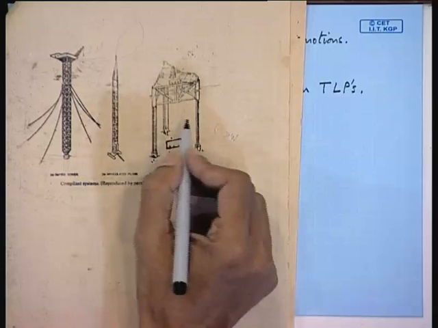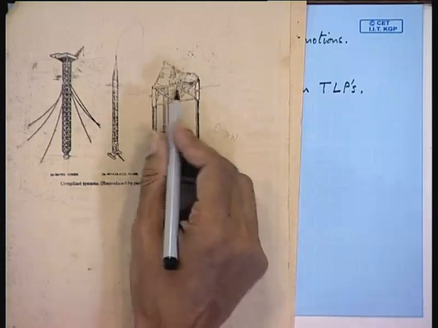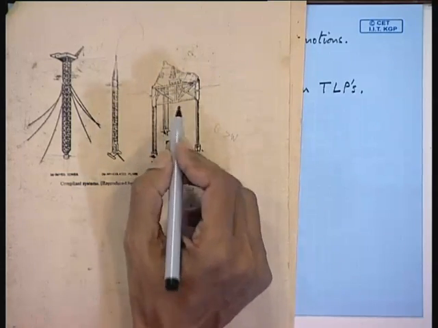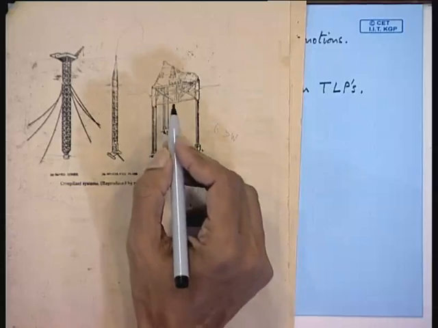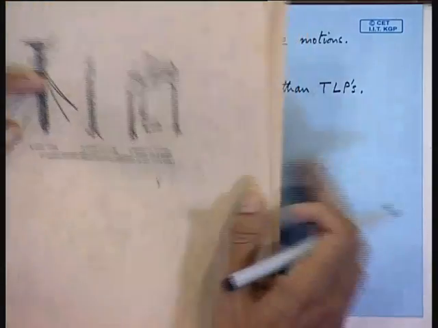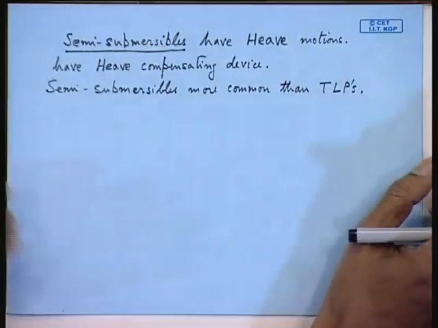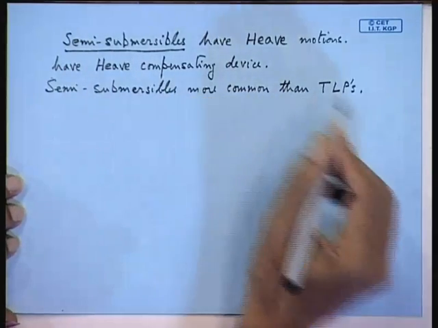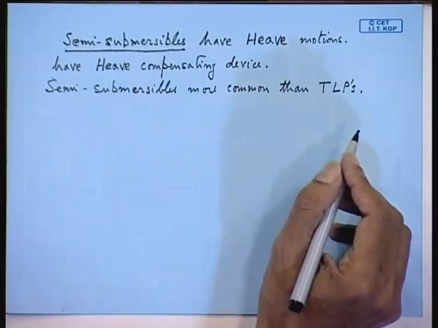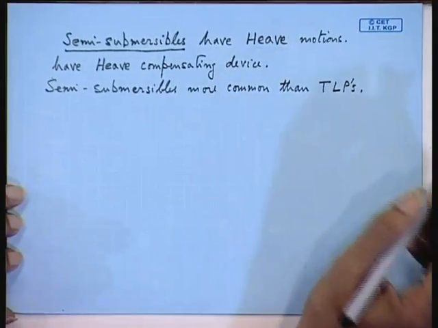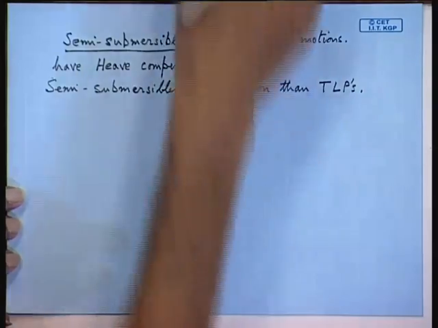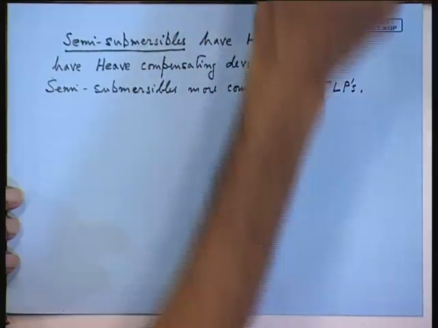So, those are very problematic for your TLPs, but the advantage of a TLP is there is no heave motion, heave is restricted. So, that is why you will find semi-submersibles and drill ships are more common worldwide rather than TLPs.